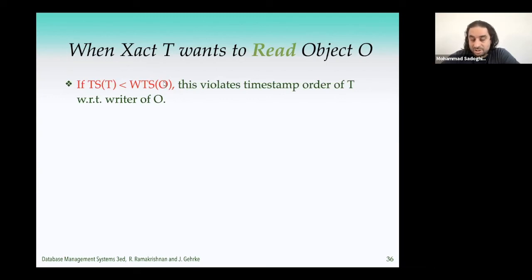So this object was written by a transaction with a starting time of, let's say, 5 p.m., but transaction T has a start time of 4 p.m. Therefore, an object written by a 5 p.m. transaction should not be visible to a transaction that was supposed to run at 4 p.m. This will violate the ordering because this write has a higher timestamp.